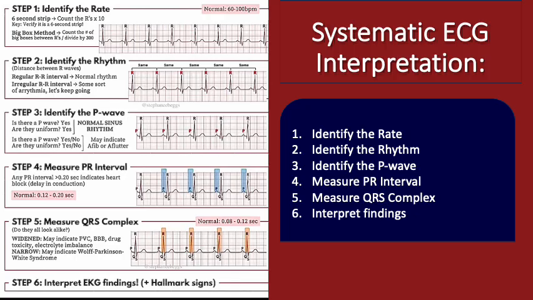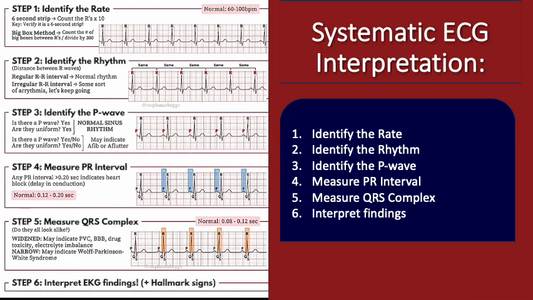Before we start going through some abnormal ECGs or the arrhythmias, I just want to briefly go over how you can come up with a systematic approach to interpretation. When you have an ECG, one of the first things you want to do is identify the rate. The rate can be the number of boxes between the two R complexes.